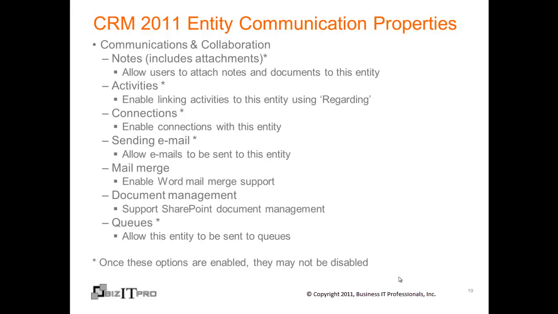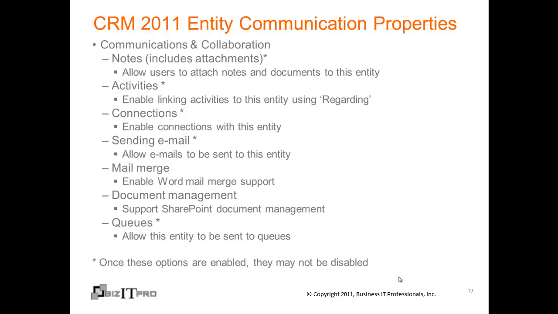Do we want to enable connections with this entity? Out of the box, CRM supports email sending to users, accounts, contacts, and leads. However, you can make other entities support email by clicking this box. And if there's not an email field anywhere in the entity, one will be added automatically as part of checking the box. Obviously, having an email address field would be critical to being able to send emails.